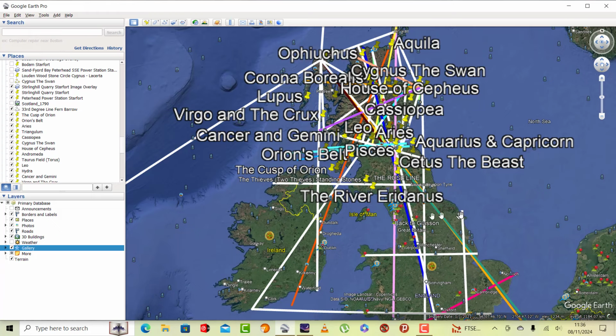So we can see that at the border here we have the river Eridanus, we have the cusp of Orion over Arran. In fact, the name Arran, it's there, Aron. Or is light, so the god of light, the god Orion, Orion's belt is the light that goes through above the river Eridanus.